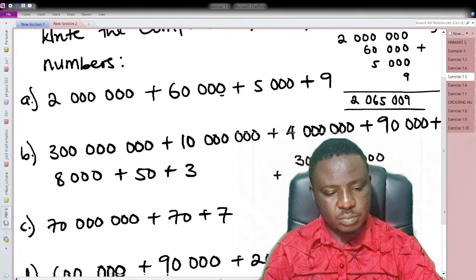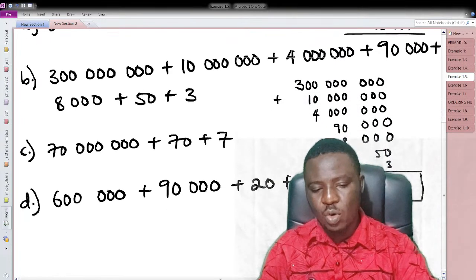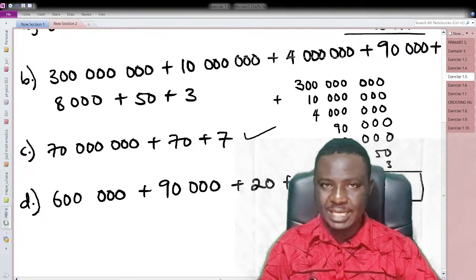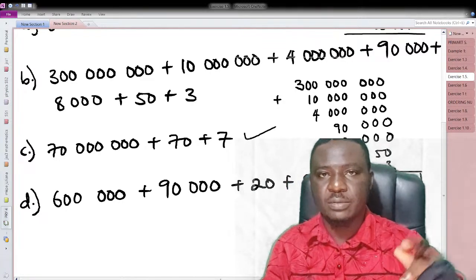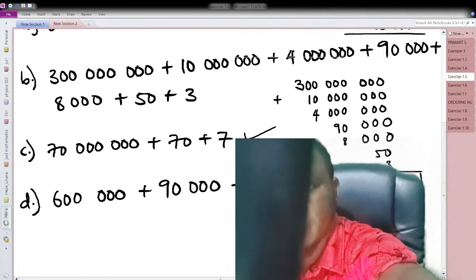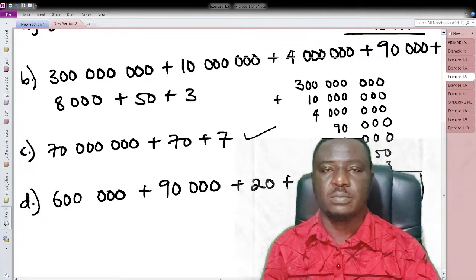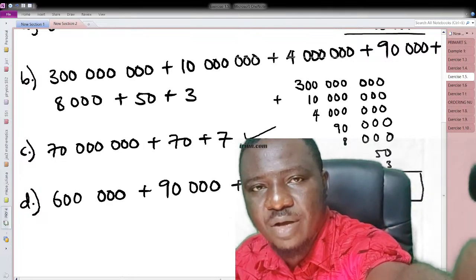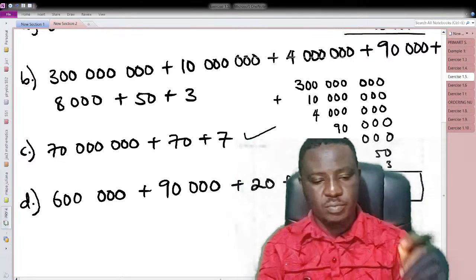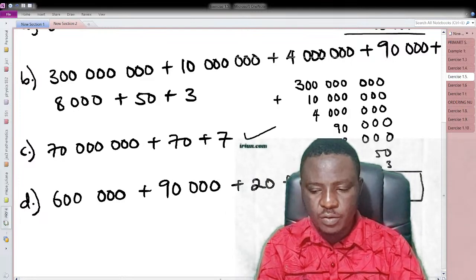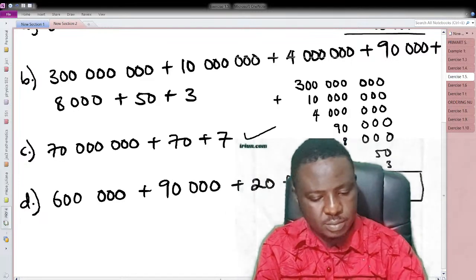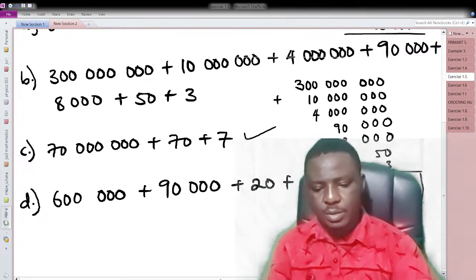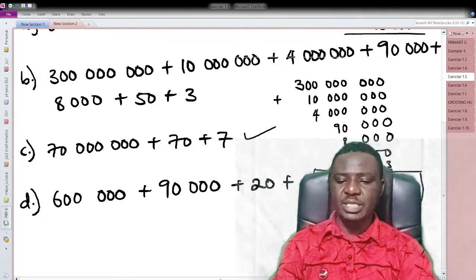So Ralph, you are then to go ahead and solve C and D. Solve it and let me have your answers. Solve and then use the comment section.